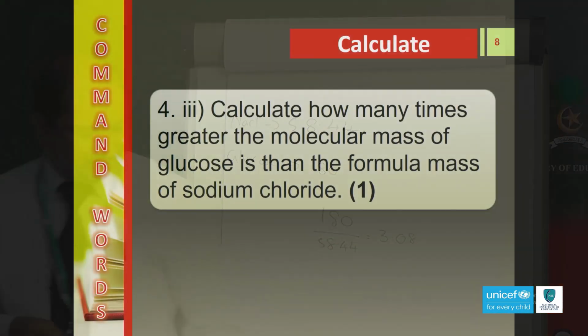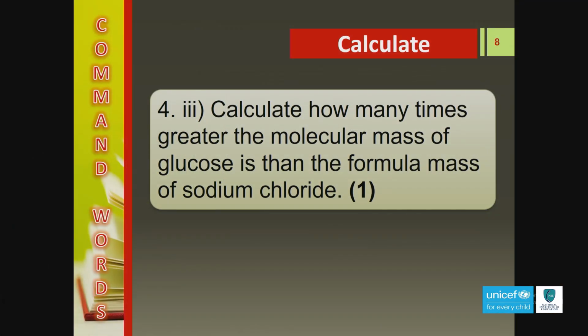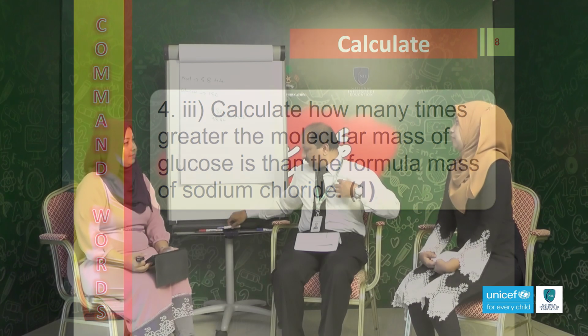Jannat, would you like to tell us about some common errors students make when answering maths or calculations? According to the examiner's report, one of the common mistakes in this question was that instead of dividing the two molecular masses, students subtracted.